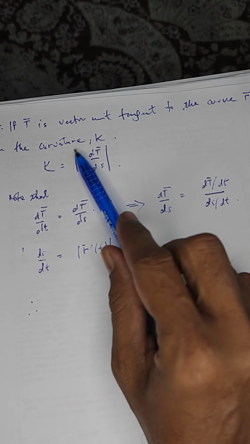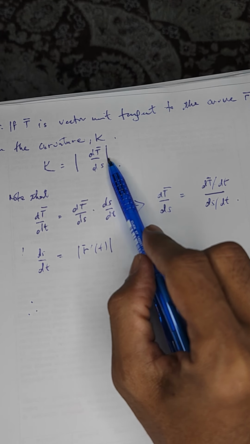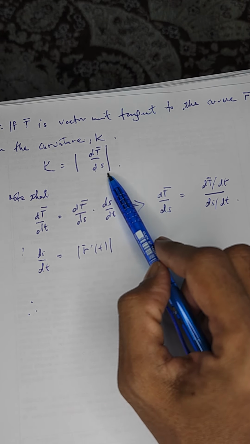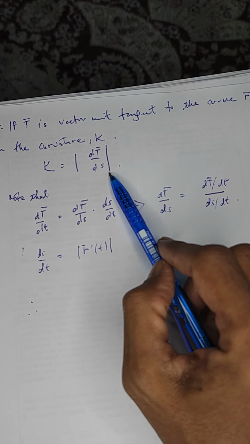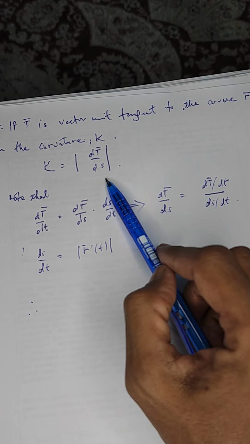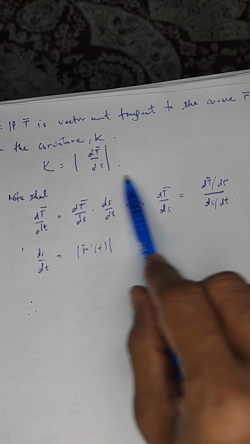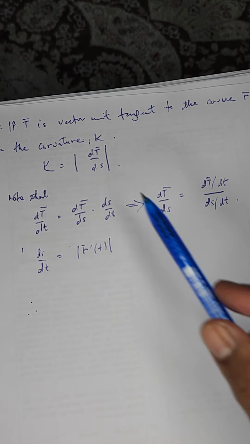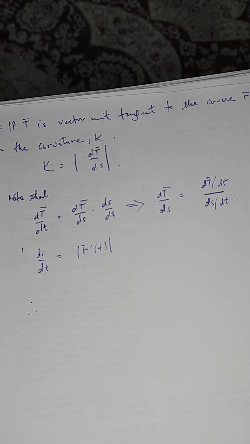So we need to change this into differentiation with respect to t. Instead of s, we need to change, so we use the chain rule as well as the definition of ds/dt.